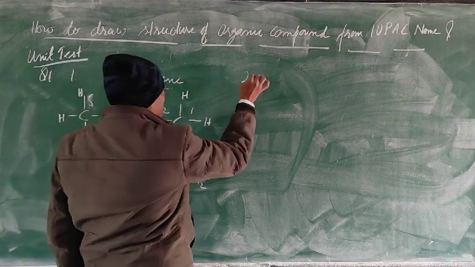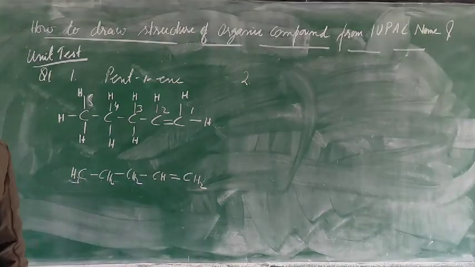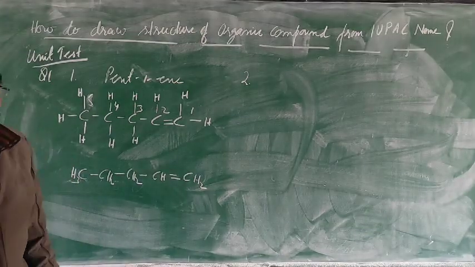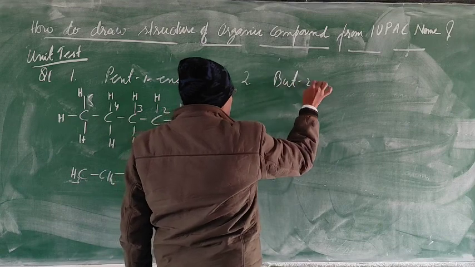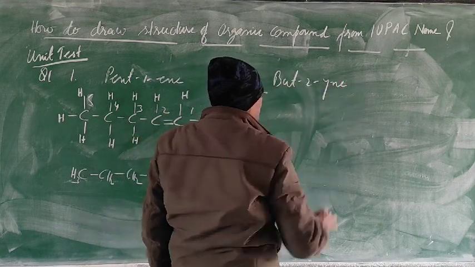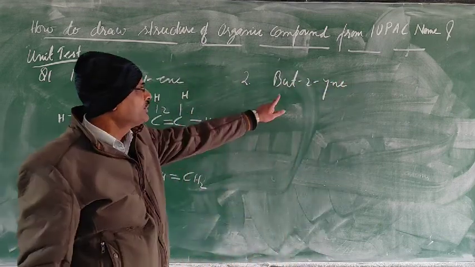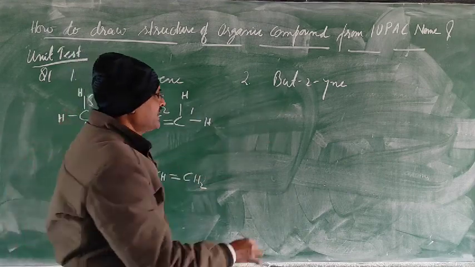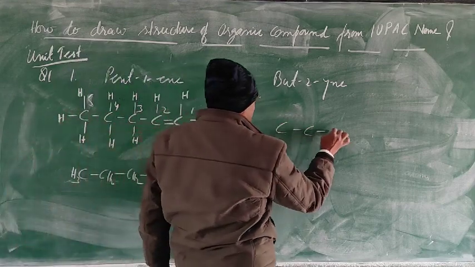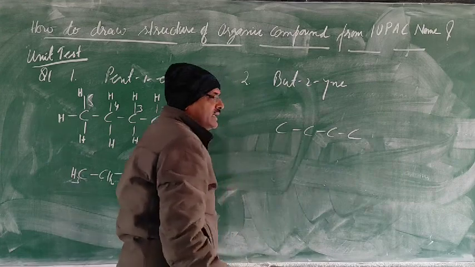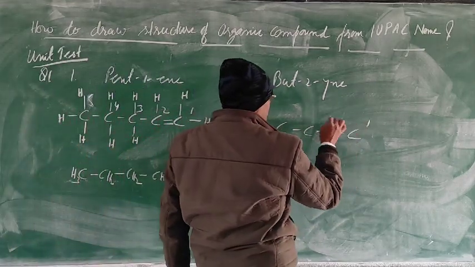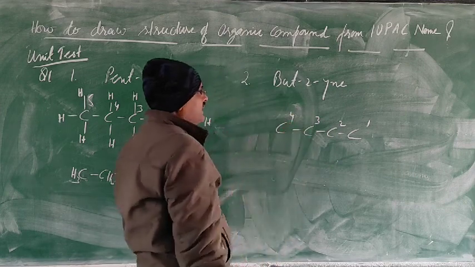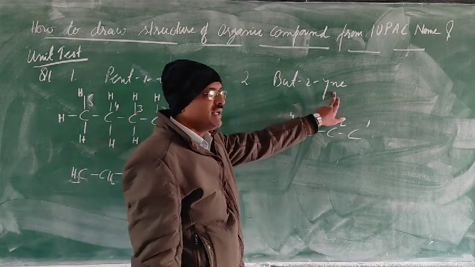Then the second question is given, but-2-yne. So what is the root word here? But is given. So draw a chain of 4 carbon atoms. Then numbering from any side you can do 1, 2, 3, 4. Then the triple bond is used for yne.